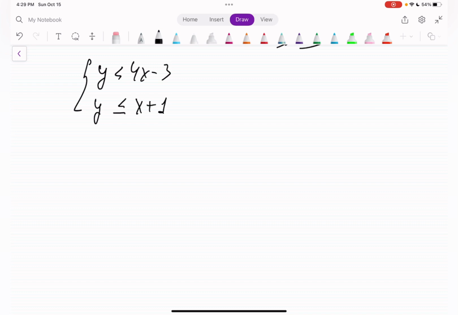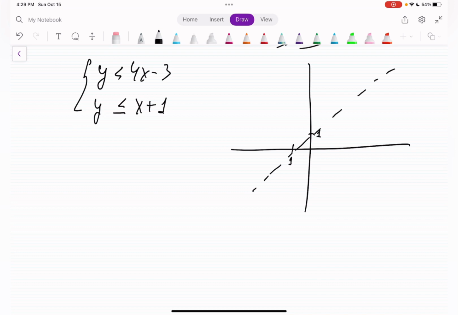Okay, and this is my graph. One is coming through -1, +1, this way. It's going to be a straight line. And the other one is coming through -3 and almost 1. It comes this way.